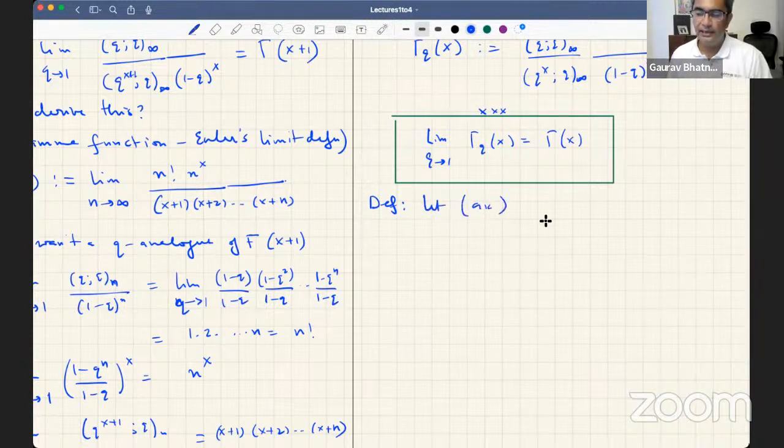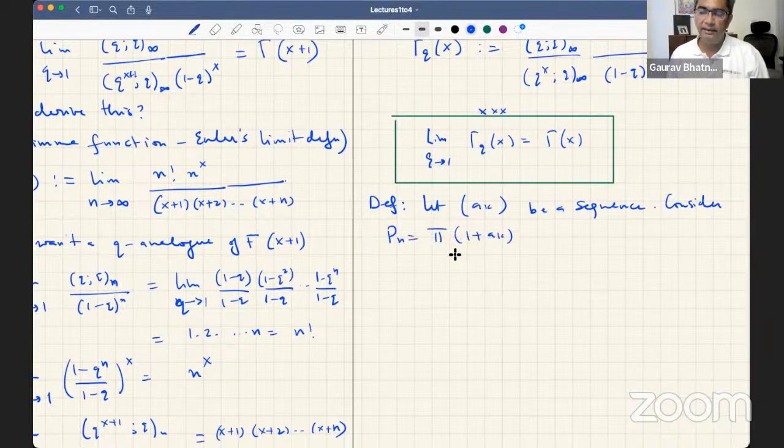So I'm defining infinite products now. Let a_k be a sequence. Consider P_n equal to the product of 1 plus a_k, k going from 1 to n.